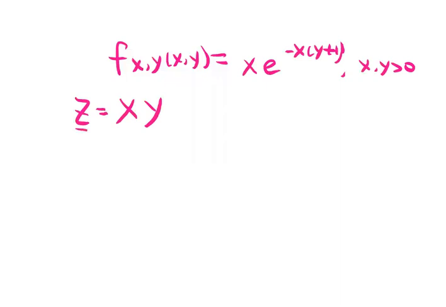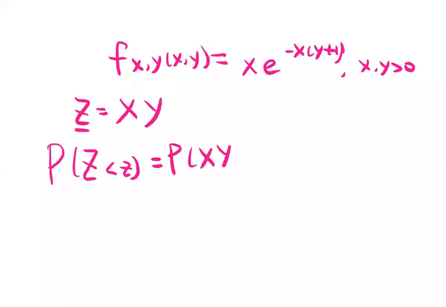This is a new random variable. So if you try to get the probability of the new random variable being smaller than some number, that will give you P(xy smaller than z), where z is the small z.